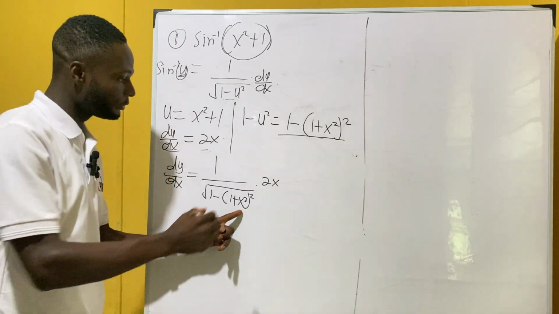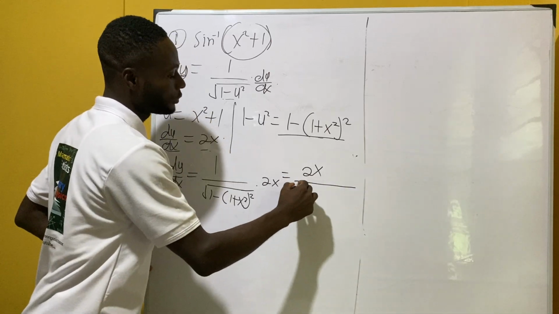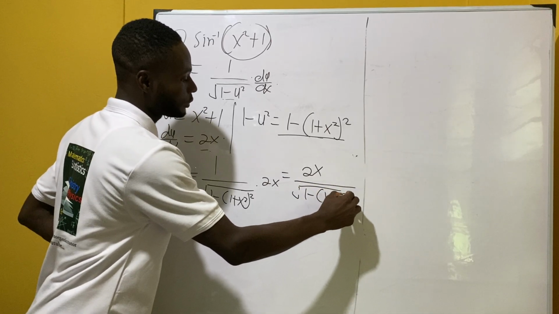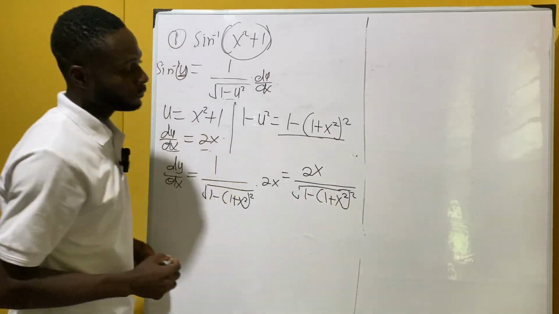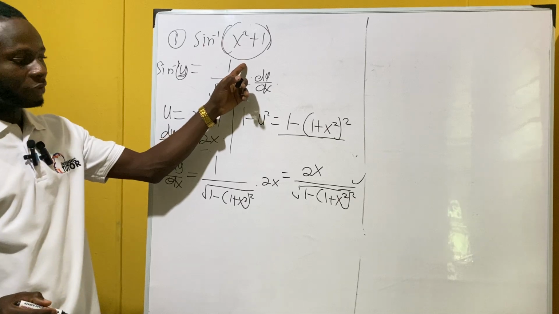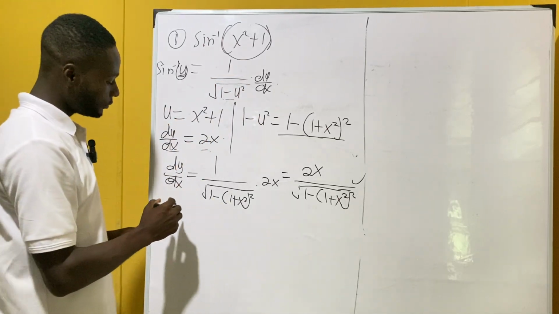So we can rewrite this as 2x all over square root of 1 minus x squared plus 1 all squared. So this right here is our solution to this particular problem. Let's look at how we can tackle another one as well.